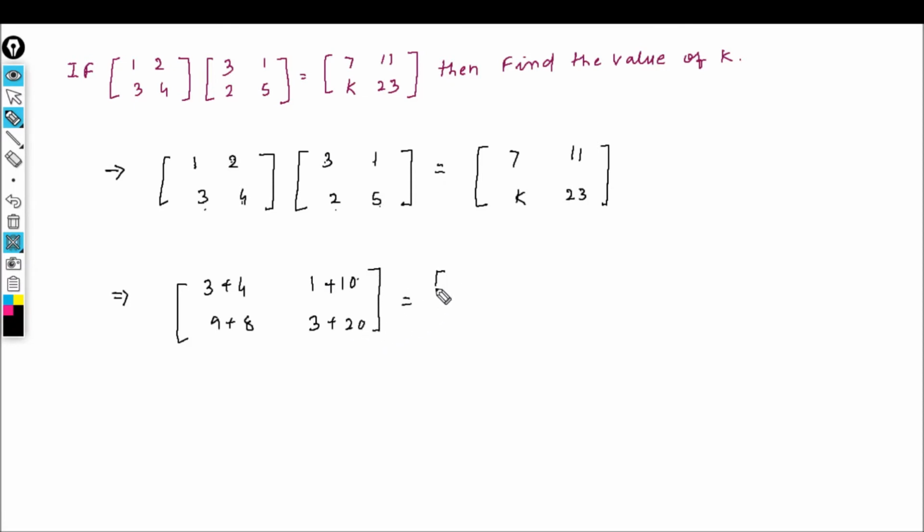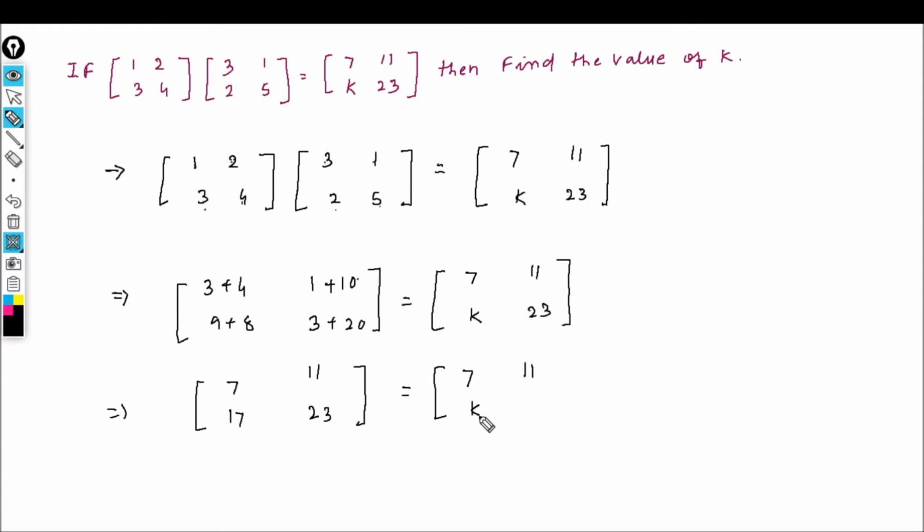This is equal to 7, 11, K, 23. So this implies 7, 17, 11, 23. This is equal to 7, 11, K, 23.